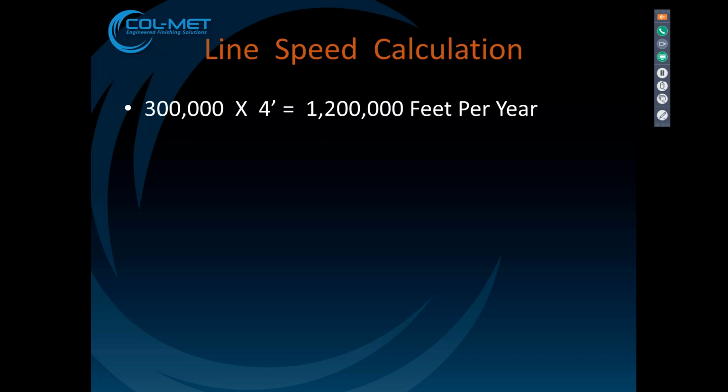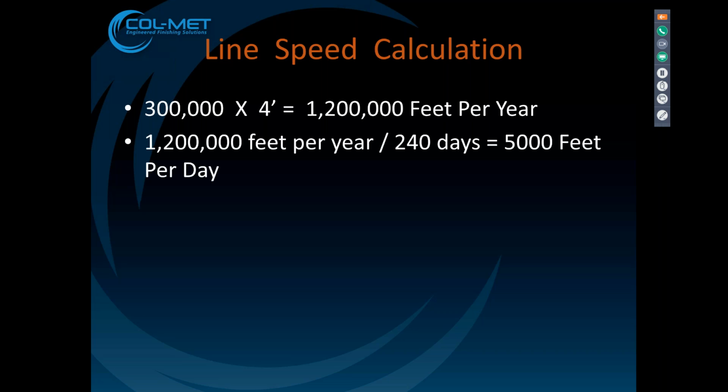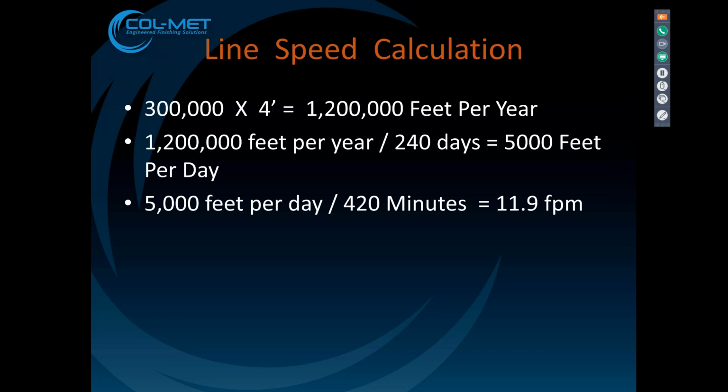So the line speed calculation, based on the customer's part: the parts would be hung on 4-foot centers. 300,000 parts per year would take up 1.2 million feet of conveyor per year. 1.2 million feet per year divided by 240 days equals 5,000 feet per day. 5,000 feet per day divided by a shift of 420 minutes equals 11.9 feet per minute, or a line speed of 12 feet per minute.